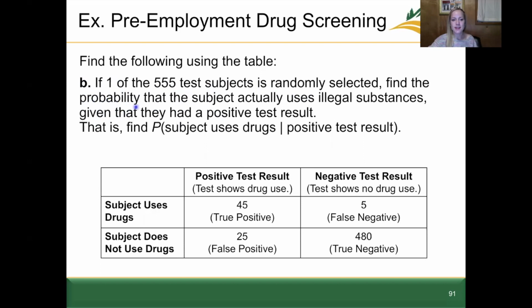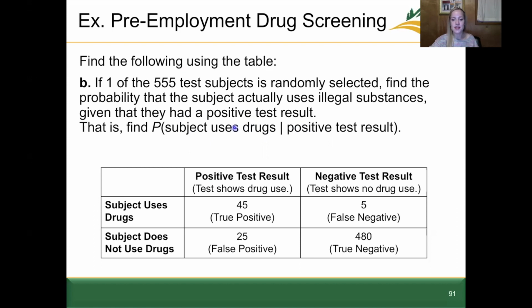The key here is to note that it's saying given that something else is occurring. Using our notation for conditional probability, we need to say that the probability of B is contingent on the probability of event A, where here in the problem, given that they had a positive test result, that's our event A. So they have a positive test result.